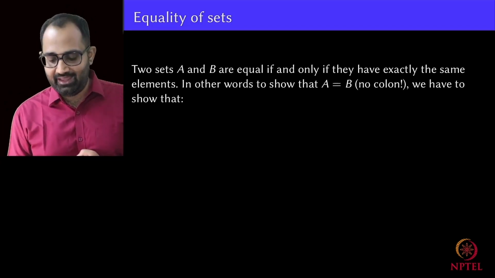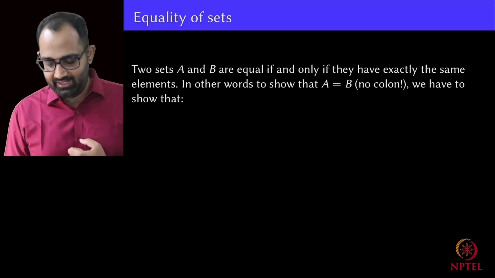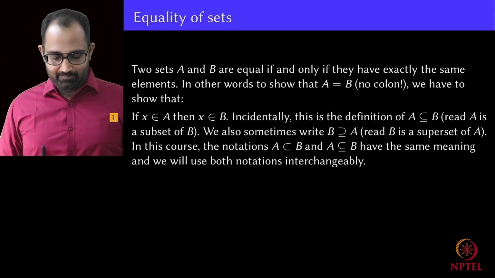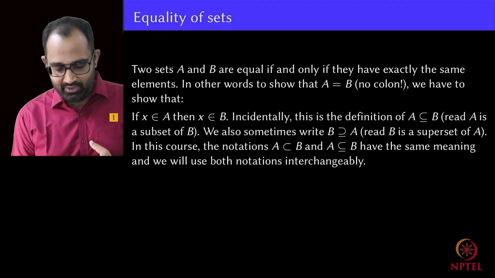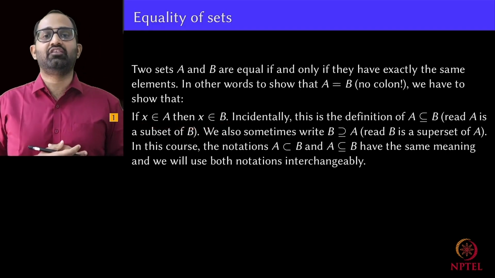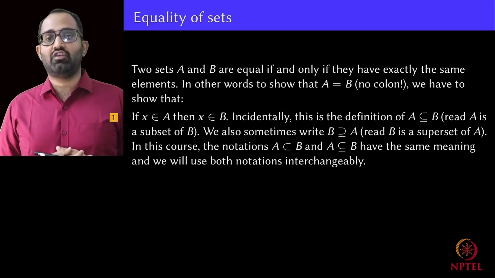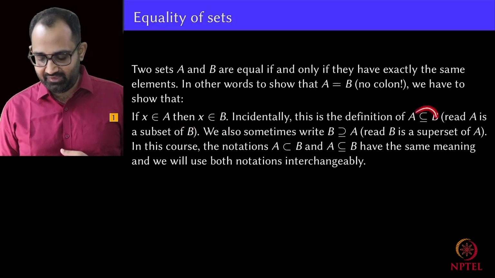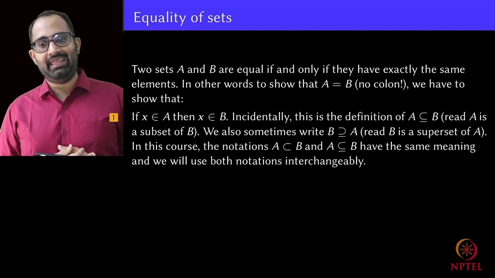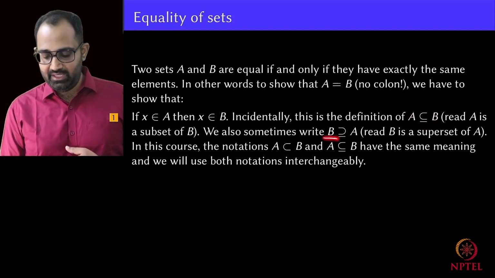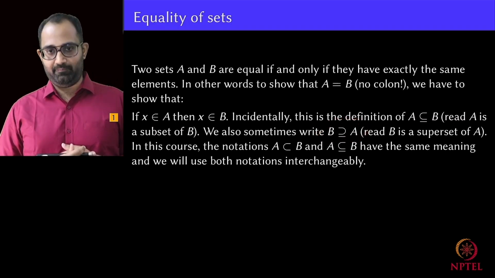In other words, in order to show that A equals B, no colon, we have to show that if X is an element of A, then X is also an element of B. Incidentally, this is the definition of A subset B, read as A is a subset of B. We also sometimes write B superset of A.